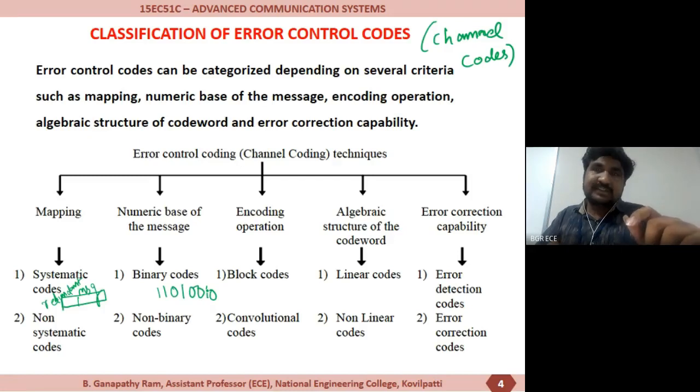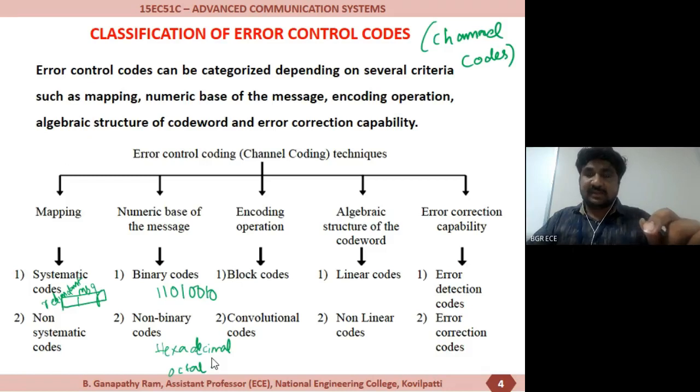If it uses another kind of code word data, like hexadecimal or octal, then it is called non-binary codes.